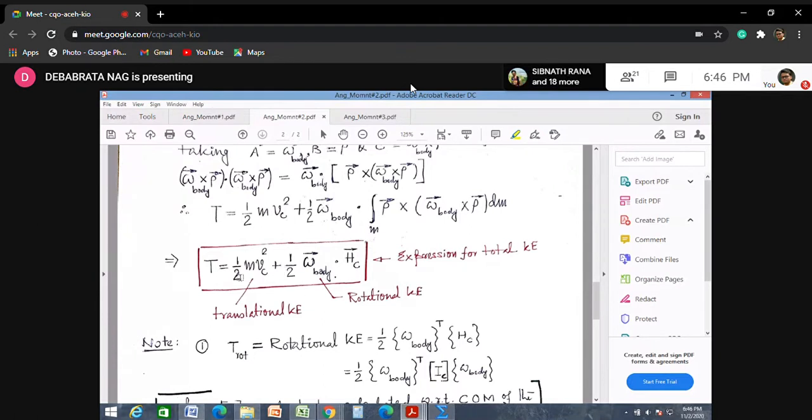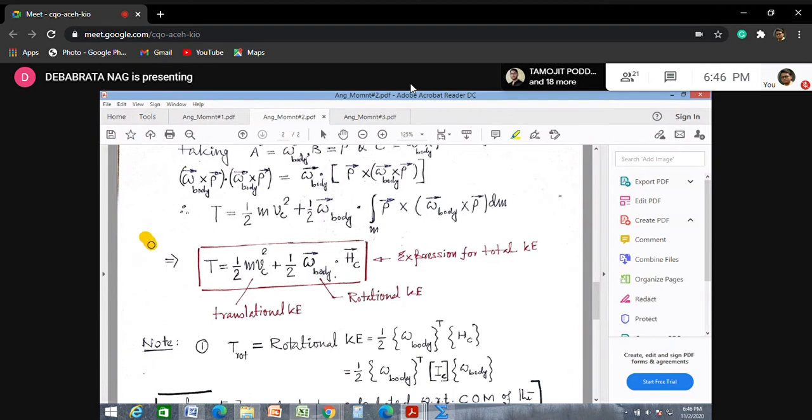You see, we require the angular momentum of the body with respect to the center of mass, the absolute angular velocity of the body, and also the velocity of the center of mass, and we can express this equation in this form. So this is the general expression.